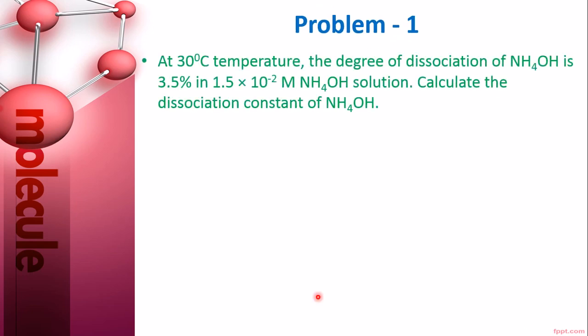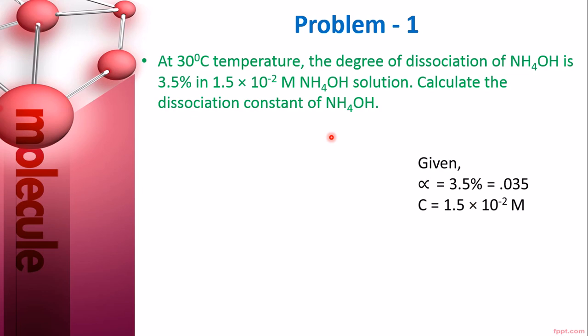First, problem 1. At 30 degrees Celsius, the degree of dissociation of ammonium hydroxide is 3.5% in 1.5 into 10 to the power minus 2 molar ammonium hydroxide solution. Calculate the dissociation constant of ammonium hydroxide. At first, look at what is given: the degree of dissociation and the concentration. You have to find the dissociation constant of ammonium hydroxide.